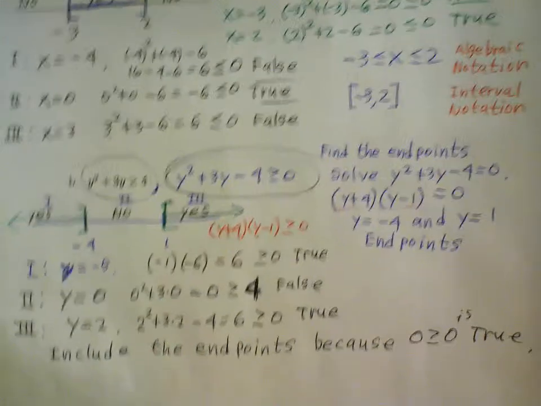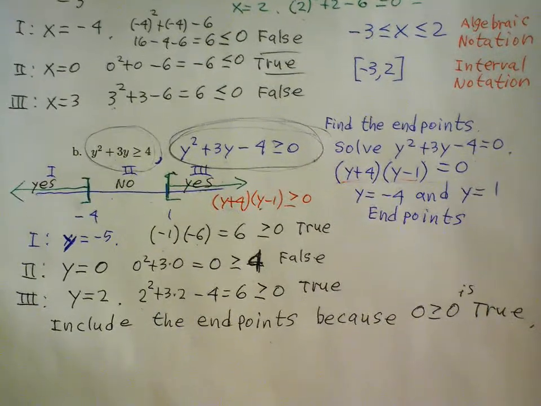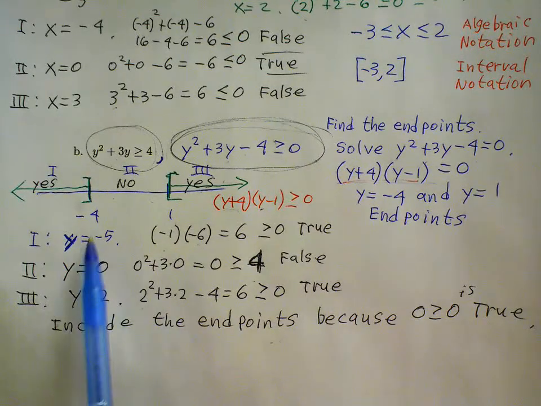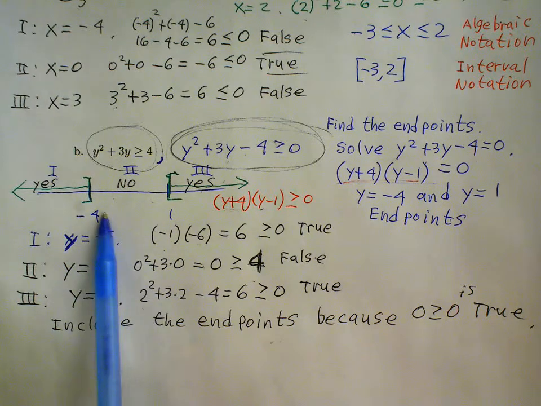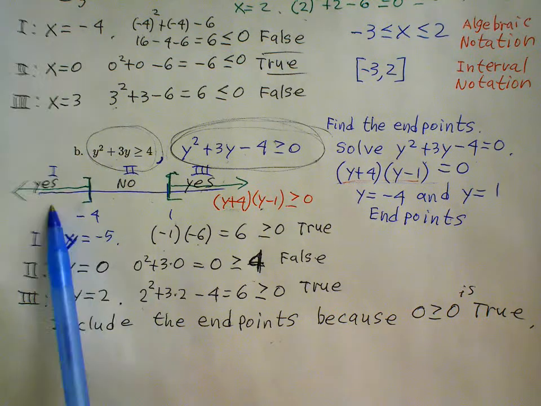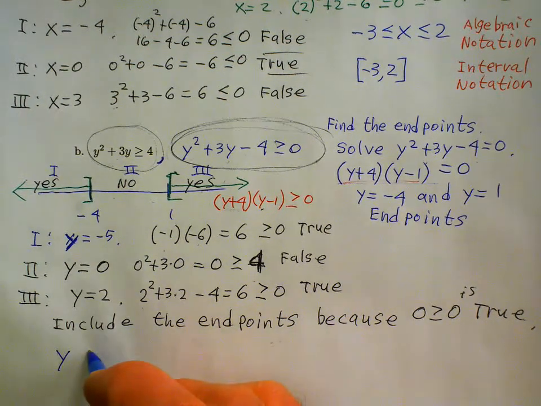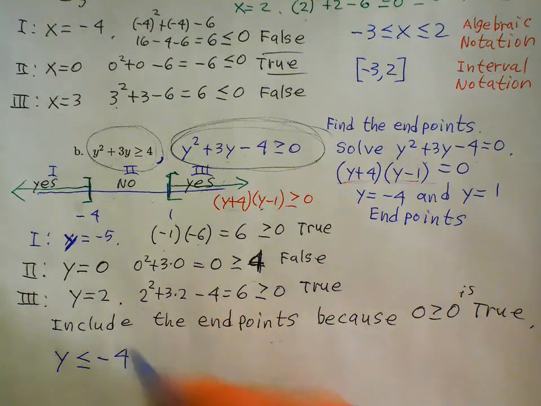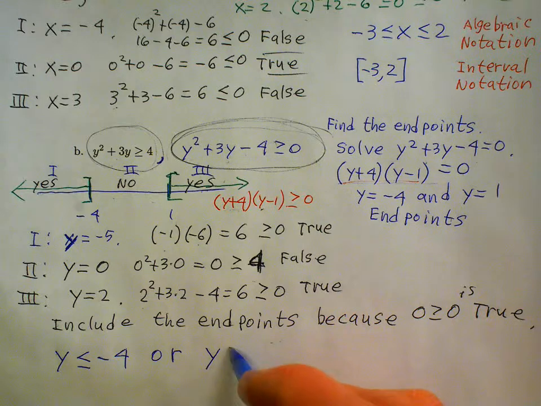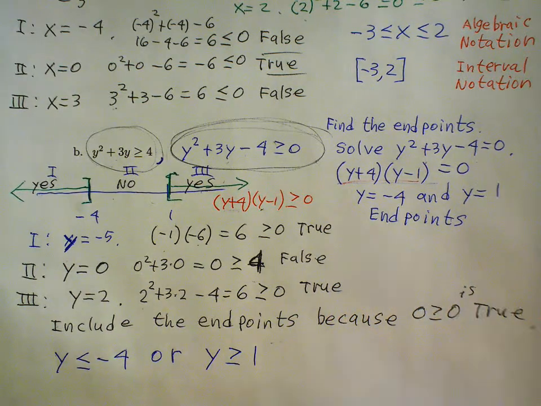Okay, so now we'll write the algebraic notation. The variable is y, so if y is a solution, then y is either less than or equal to -4, or y is greater than or equal to 1. That's the algebraic notation.